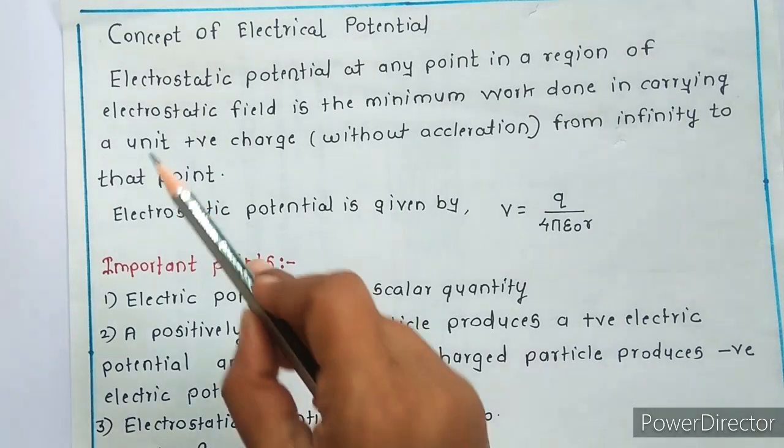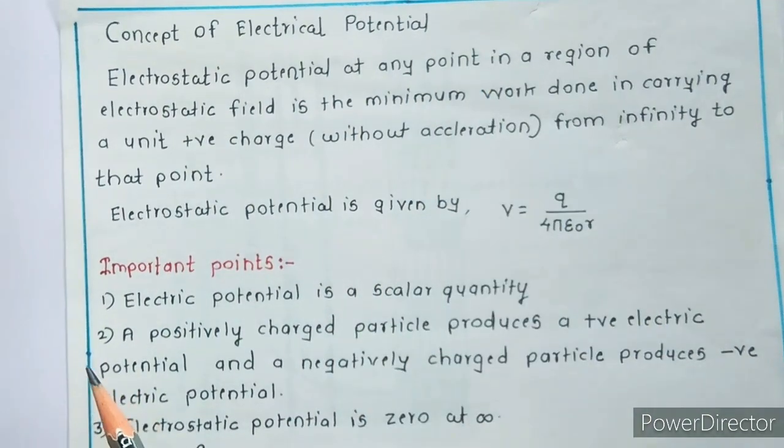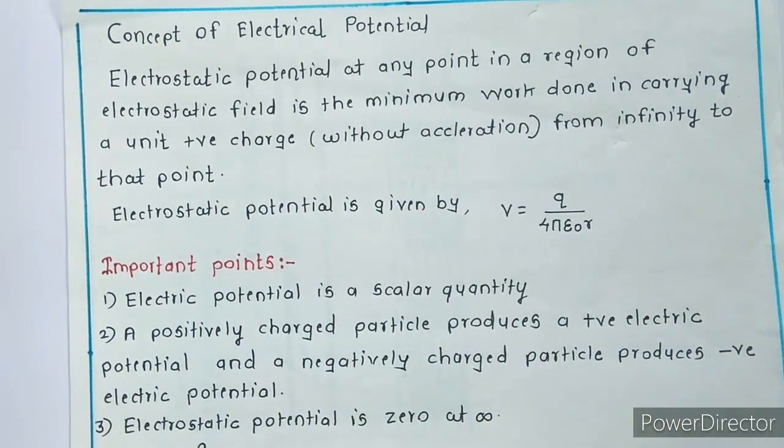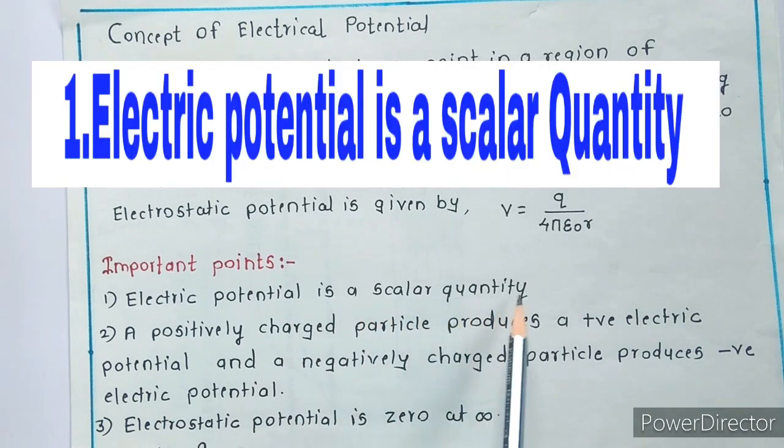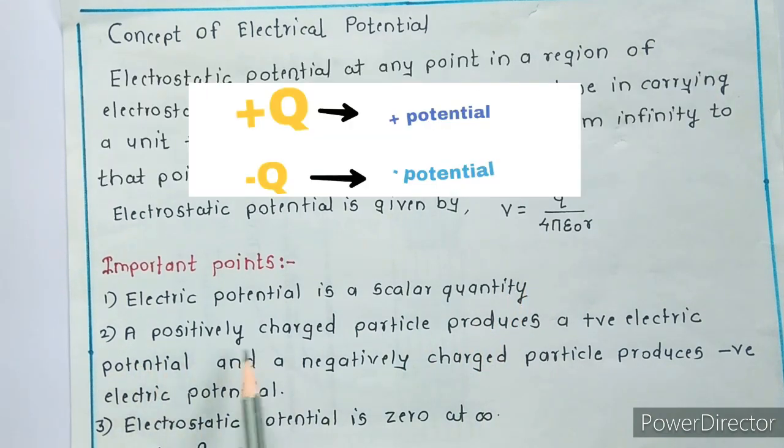So we have seen the definition of electrostatic potential and the formula for the electrostatic potential. Now some important points regarding electric potential. Electric potential is a scalar quantity, meaning it only depends on the magnitude, it does not depend on the direction. A positively charged particle produces a positive electric potential, and a negatively charged particle produces a negative electric potential.